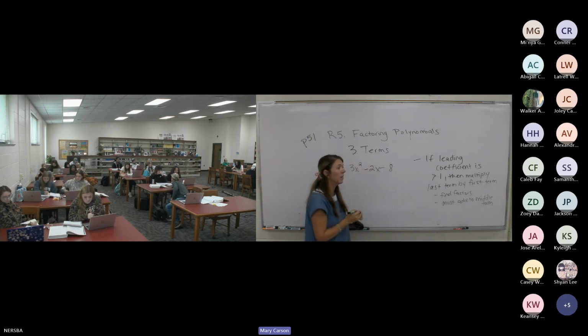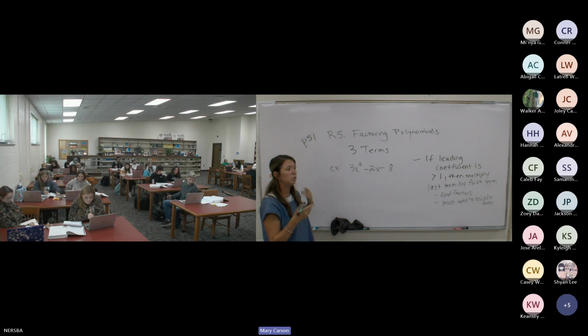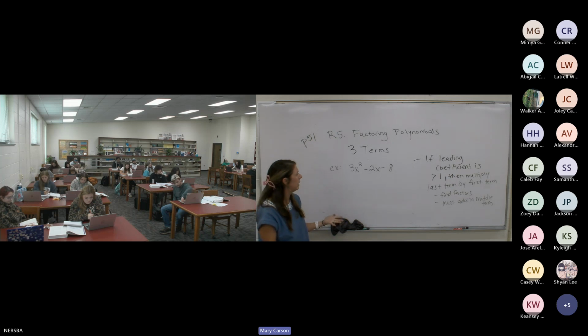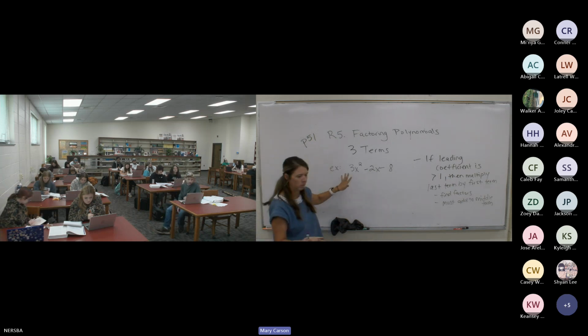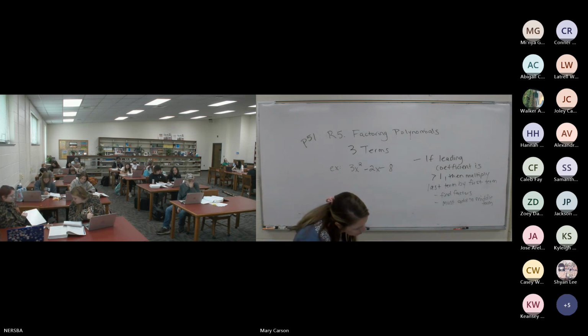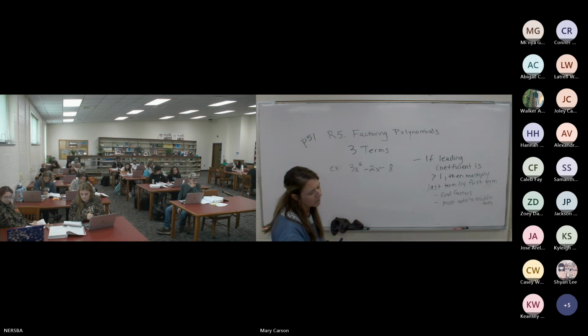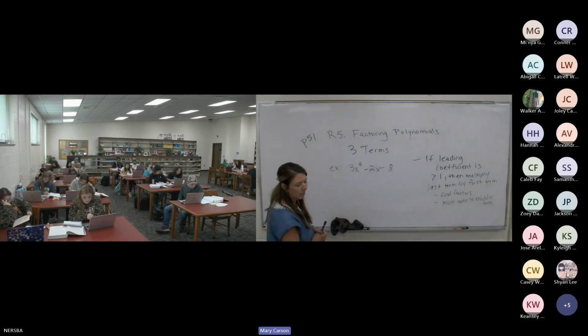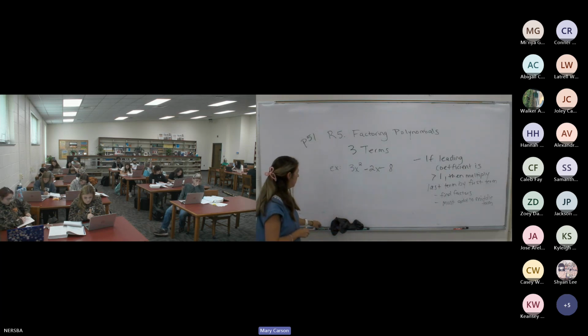You know, some things aren't factorable. If you break it up and you can't find 2 numbers that multiply to give you that number, but add to give you the other number, you're gonna put not factorable, okay? So I wanted to make it so it is factorable. We'll do another one after that one.